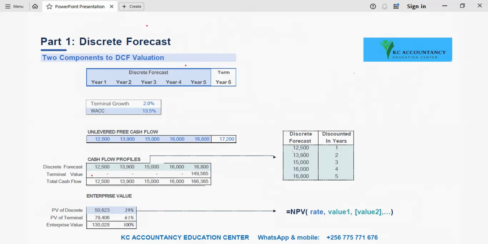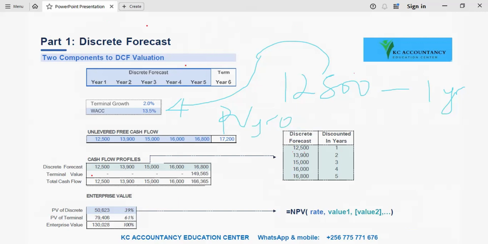In other words, for the cash flow coming in year 1, let's say this first one of 12,500, if we discount it back, we shall be getting the present value at year 0. That is the implication, because we are discounting it back.